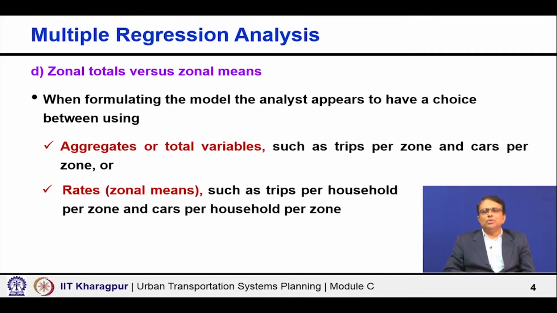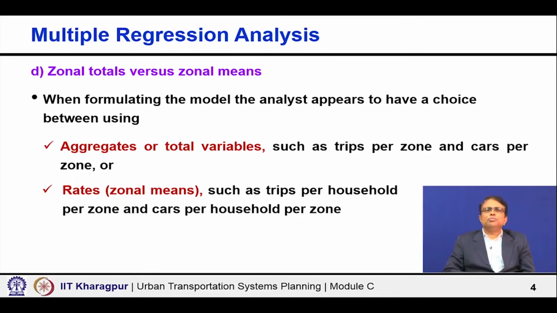I can use, say for example, total cars in the zone, or I can use cars per household, then it becomes of course a household model, or the number of vehicles per household.